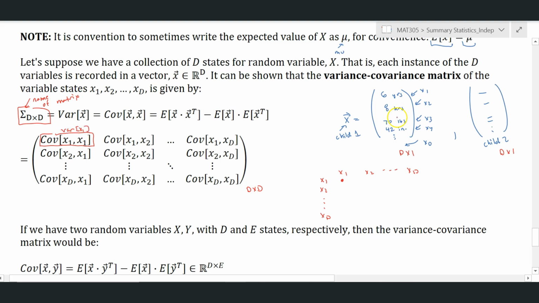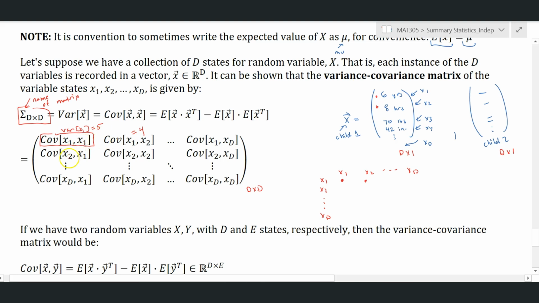So the variance of the ages, which we already know is equal to 5. And then here you would have the covariance between the first variable and the second variable, and that would go there. So that would be the covariance between age and hours of play outside, and we already know, we computed this value to be positive 4.